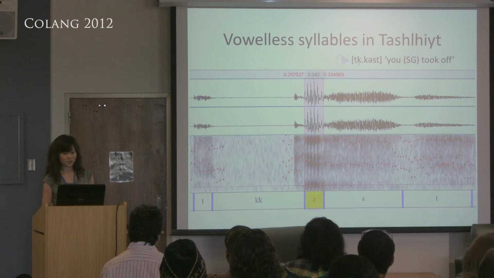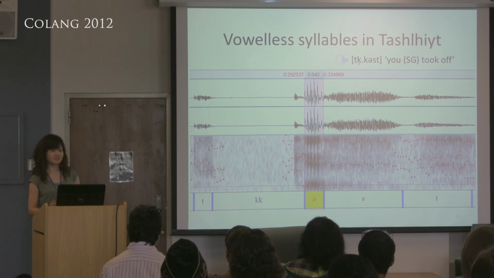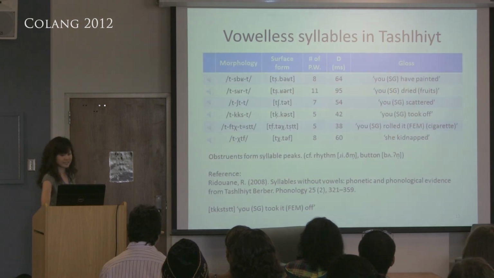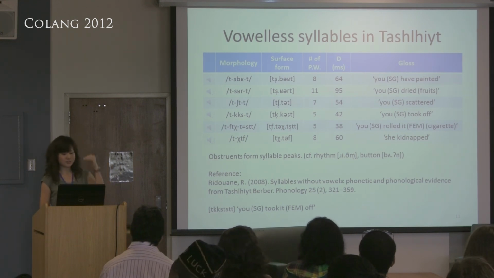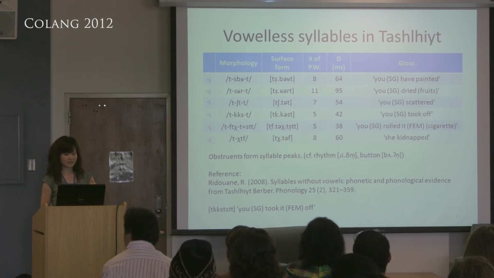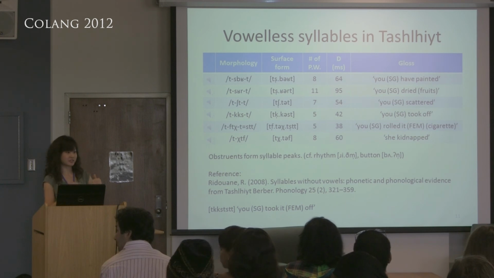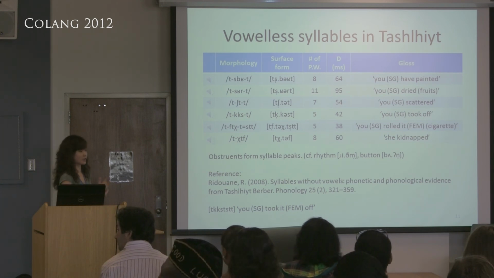The duration of it is about 40 milliseconds, which isn't that long, but still, he has one. It wasn't like in some words the schwa was missing. In all the words that we elicited, with the second syllable, there was schwa vowel insertion, which was different from what Ridouane argued for.